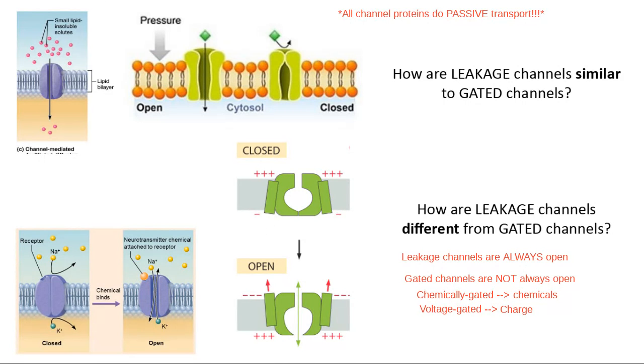That last kind of gate that I have on my channel proteins, what's that last kind called? Yeah, my last kind starts with an M, right? We got our MGs, our mechanically gated channel. How do we open a mechanically gated channel?